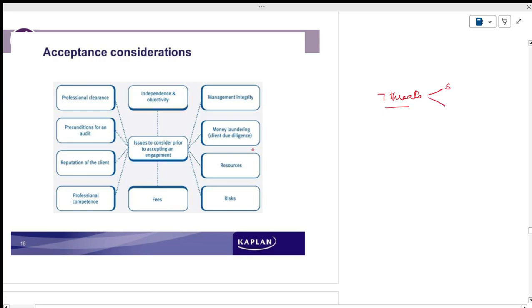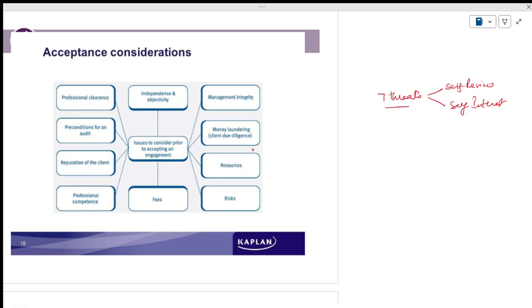You will have self-review, you will have self-interest. Self-interest is with respect to income also. You will have a handful of points.